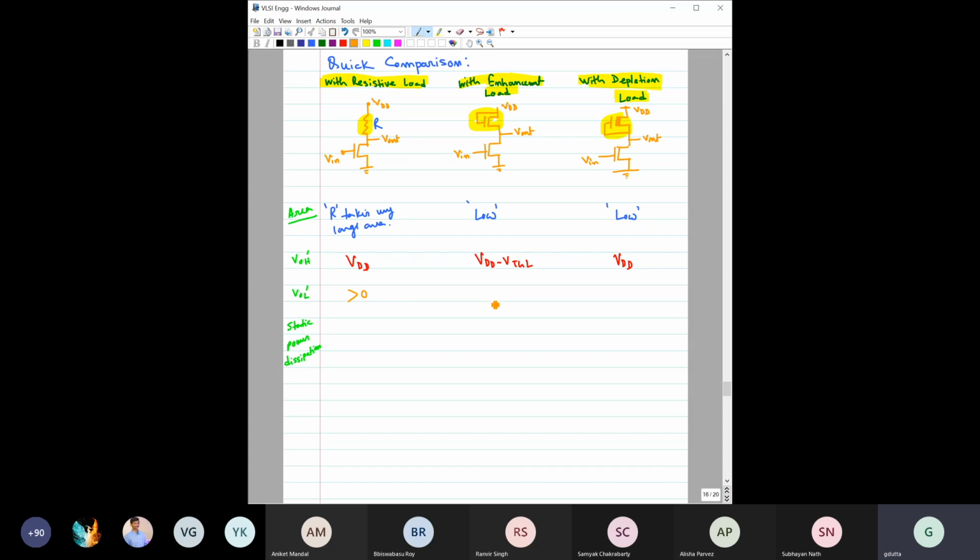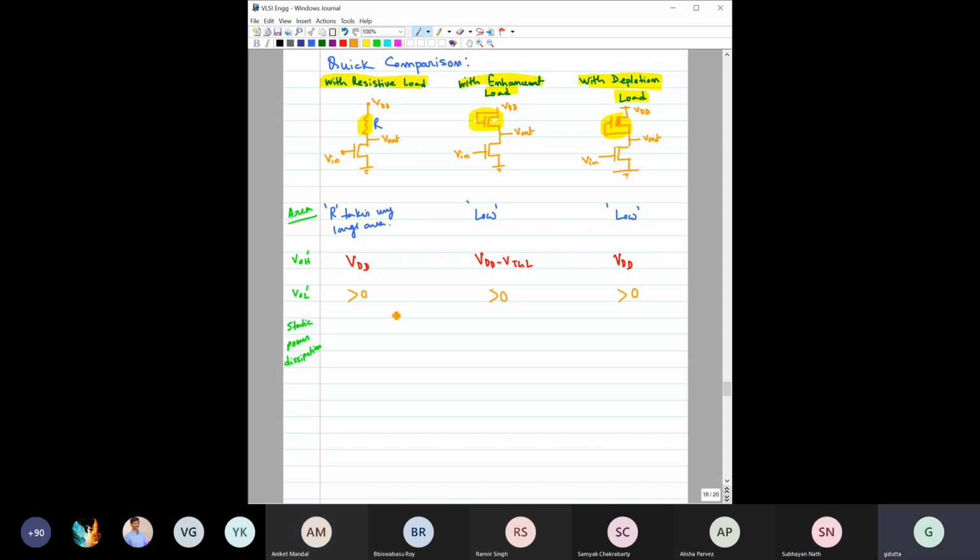What about for this? Greater than 0. It is also not equal to 0. What about for this depletion load? Greater than 0.